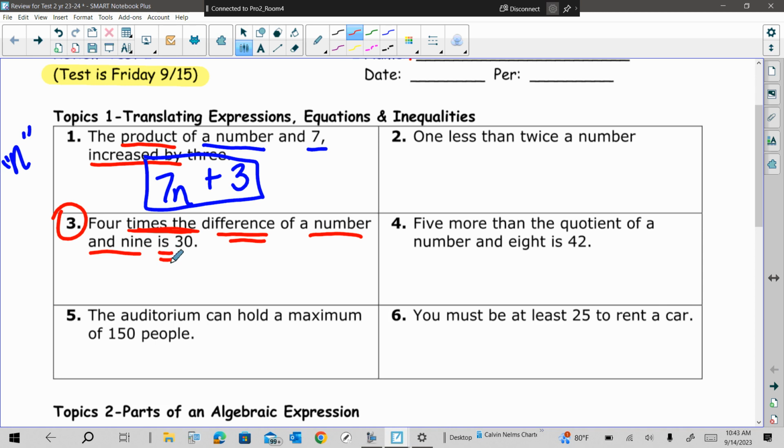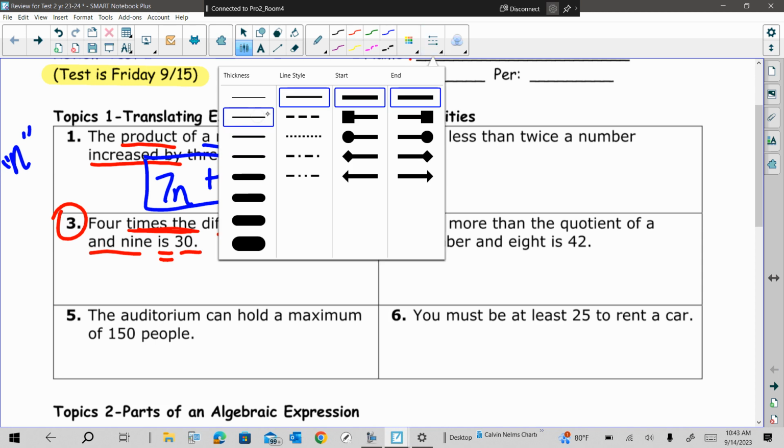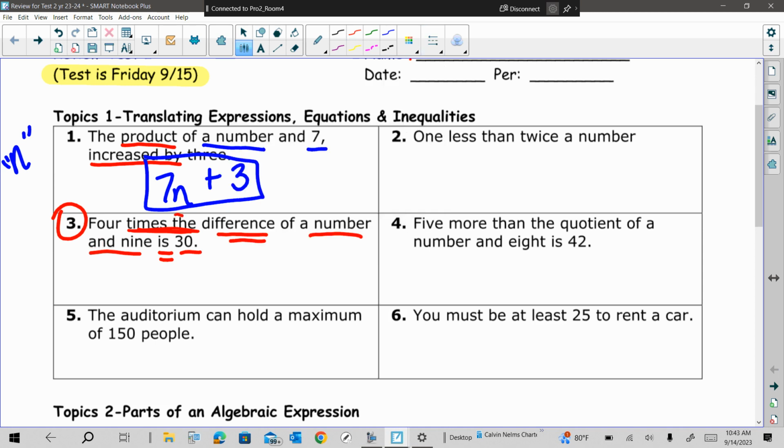Anytime I see is, that's the equal sign. This is going to be an equation that we write. I'm stressing times the, because whenever I see the word the, those are parentheses words. So it should be 4, then parentheses. Times the means we have parentheses.